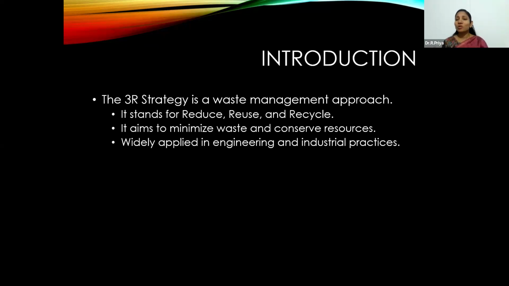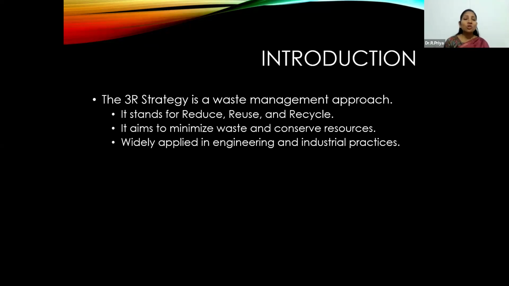Nowadays, you know very well that environmental sustainability is very important. Not only in the corporate world, even in schooling itself, we teach them how we can protect the environment. That is why we are moving towards the circular economy concept, the 3R strategy concept.